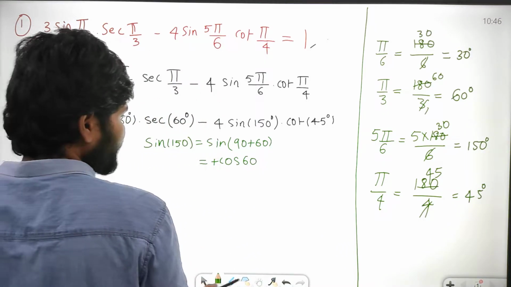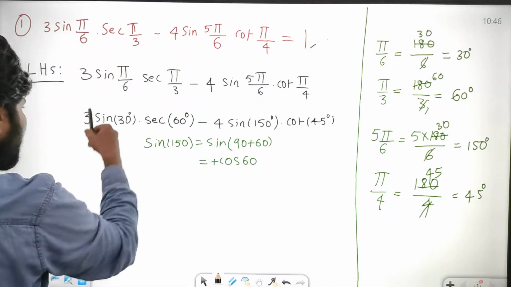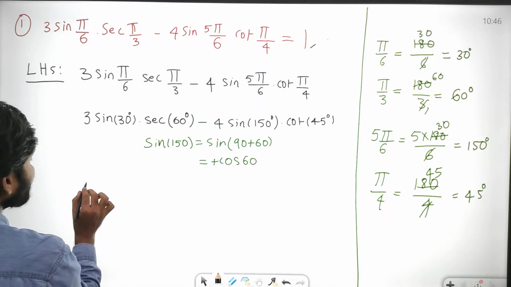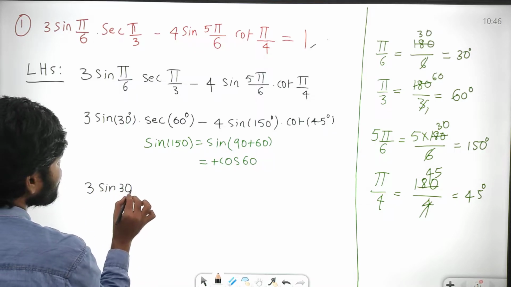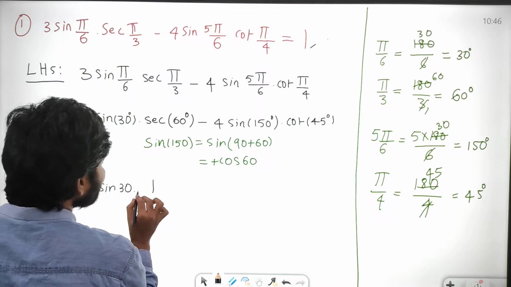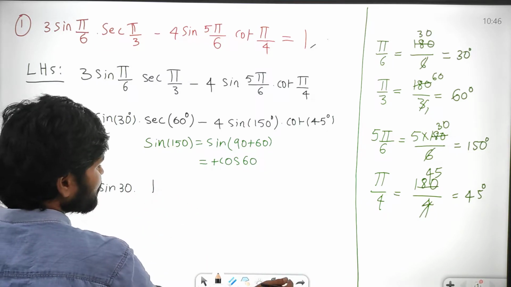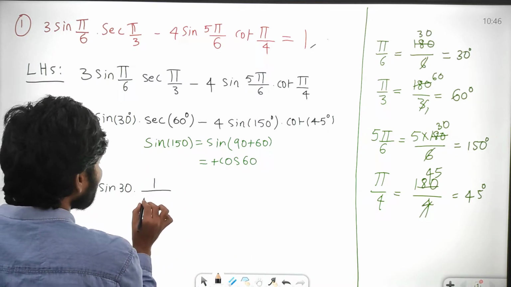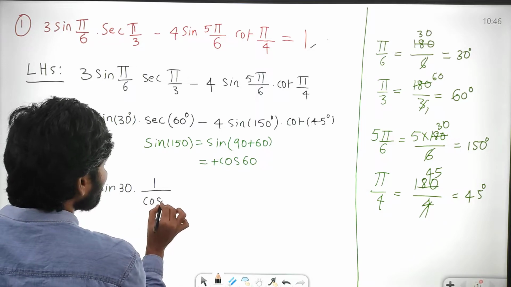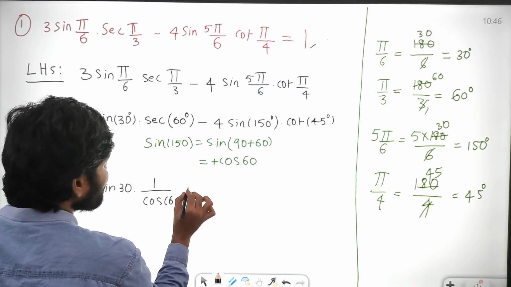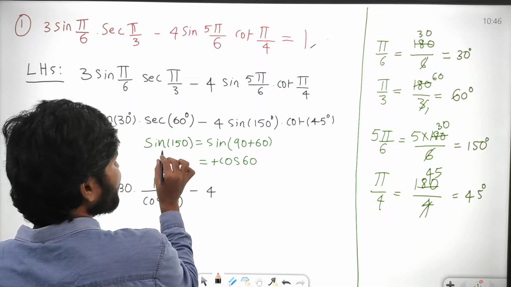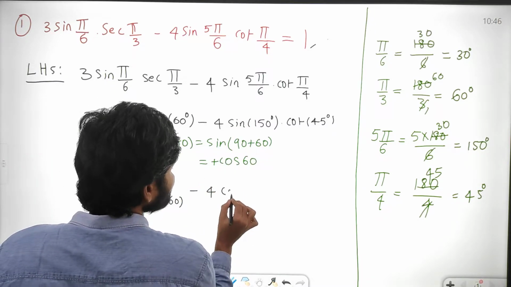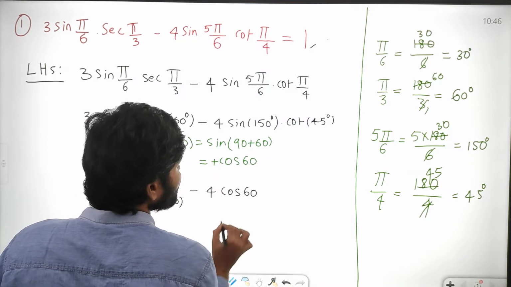Now write the equation. I am writing the equation like this: sine 30. What is secant? Secant is nothing but 1 by cos 60, minus 4. What is sine 150? Sine 150 I can write as cos 60.